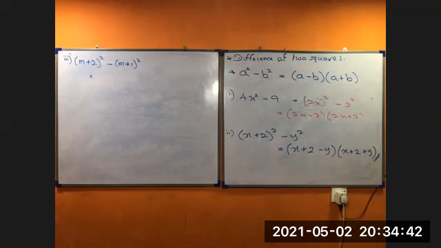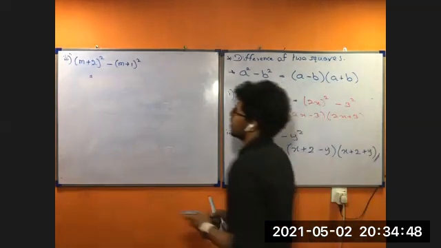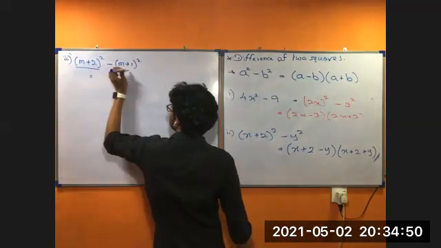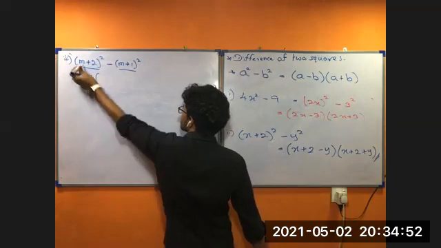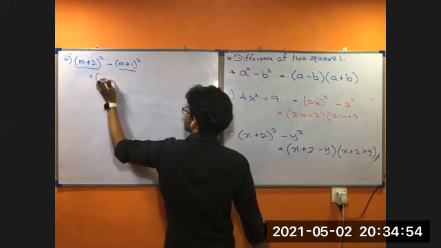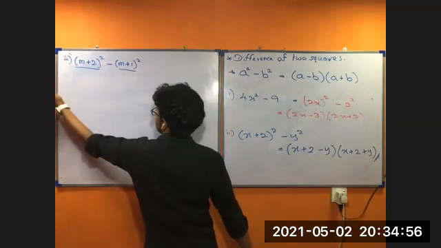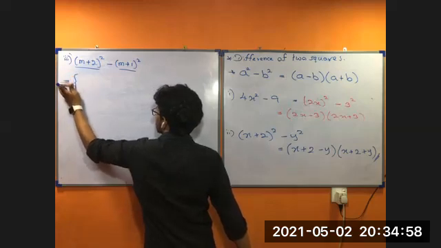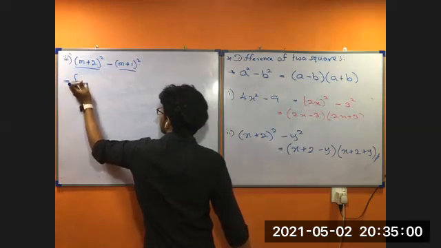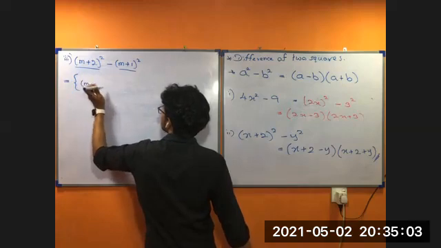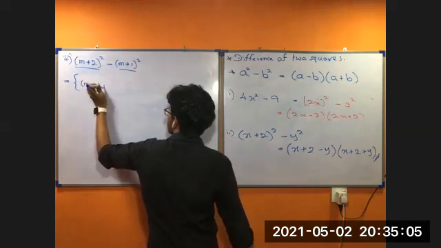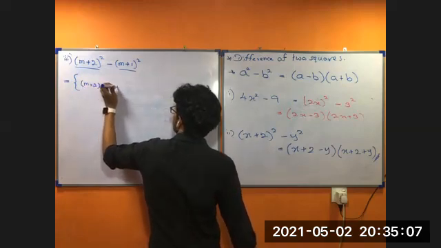Okay, let's see. So we have the first term and second term, right? Let me use brackets, it will be clear. So here I have m plus 2 plus m plus 1.